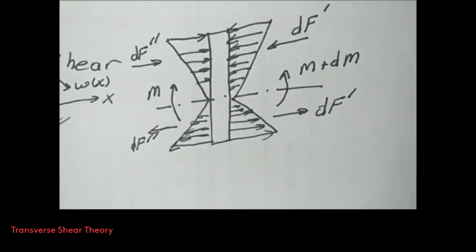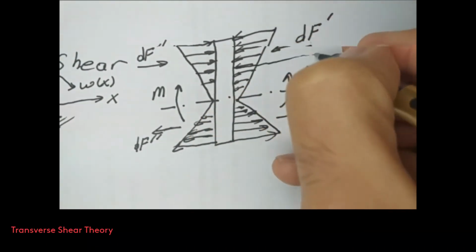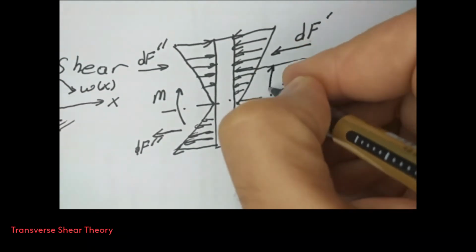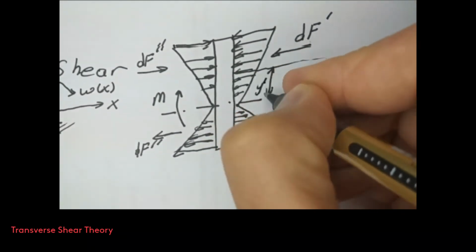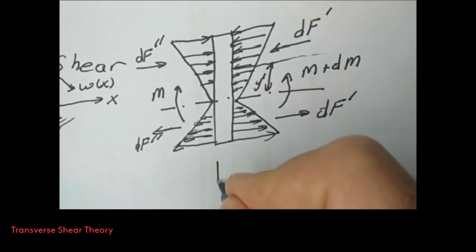Now remember that we are interested in a particular location away from the centroid, and this has a distance of y prime. So let's draw this thin slice again.